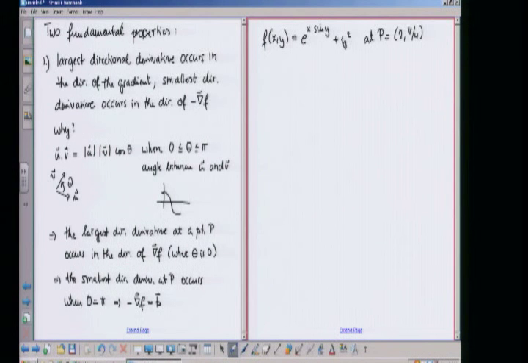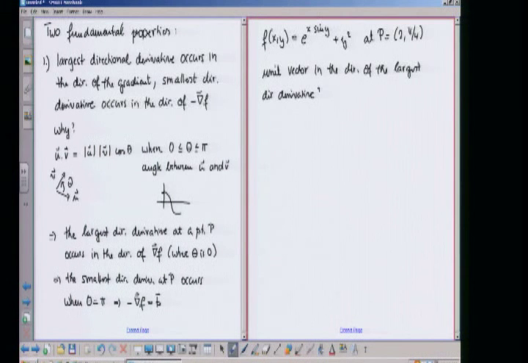And we would like to know what is the unit vector in the direction of the largest directional derivative.